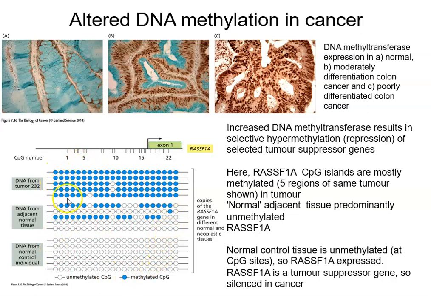When you look at the DNA from the tumour, the CpG islands are predominantly methylated, and therefore the RASSF1A gene is silenced in cancer. Now the mechanism for this silencing is likely to be related to overexpression of DNA methyltransferase.